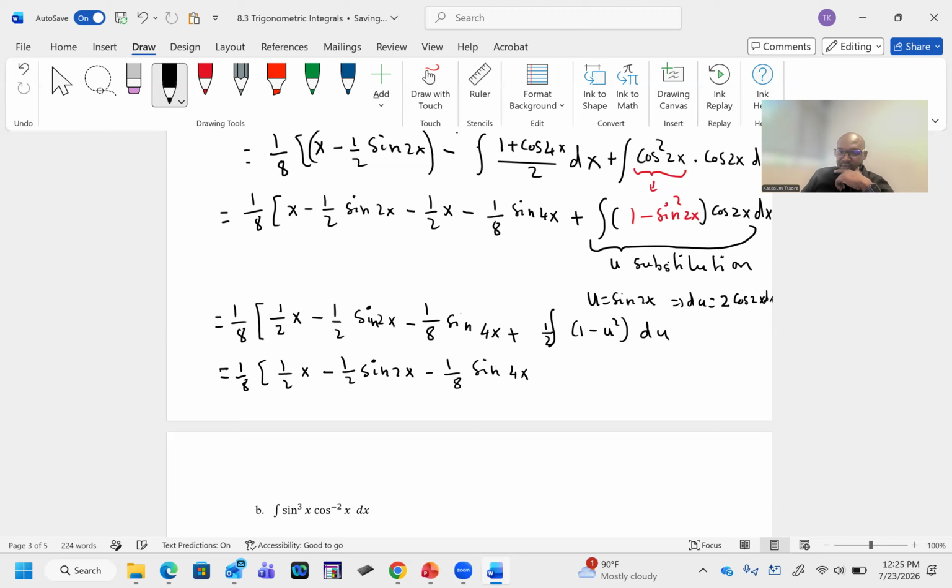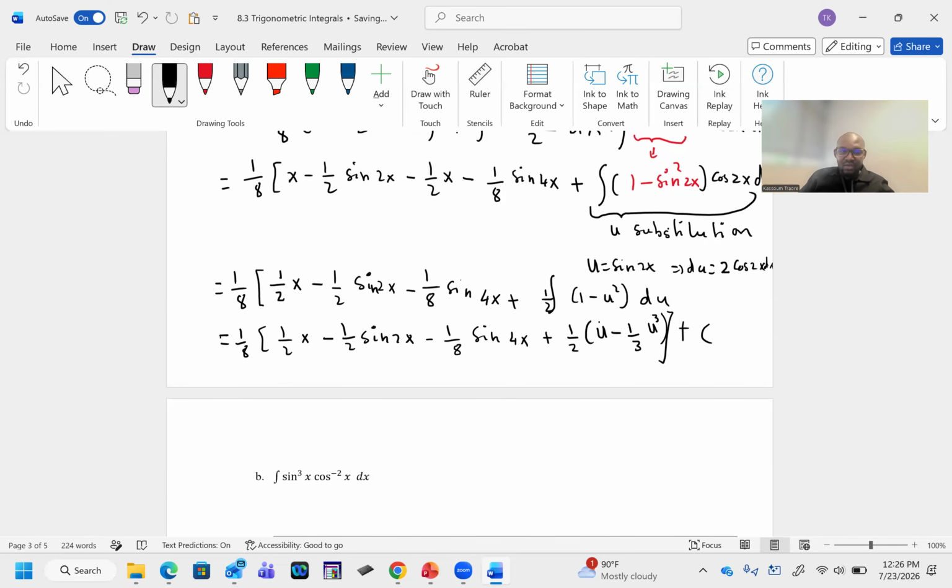The antiderivative of this will be plus 1/2 times u minus 1/3 u to the power of 3 plus c, right? Or what is our u? Sine of 2x. So I'm going to substitute my u.